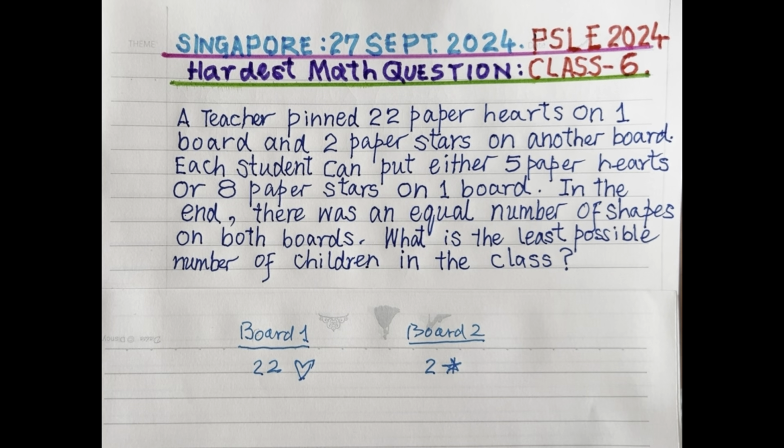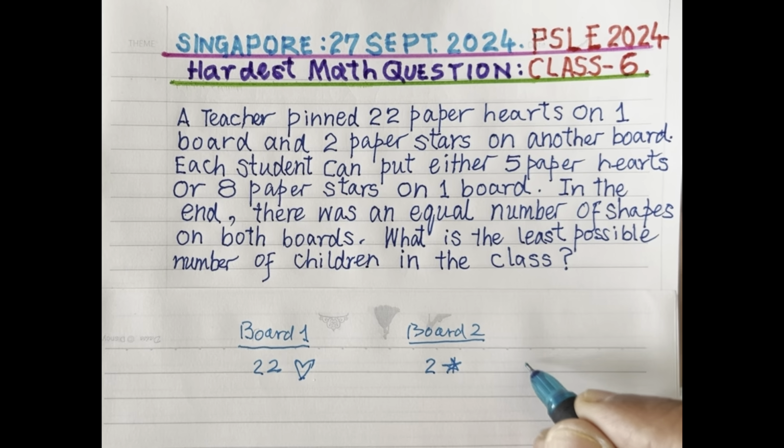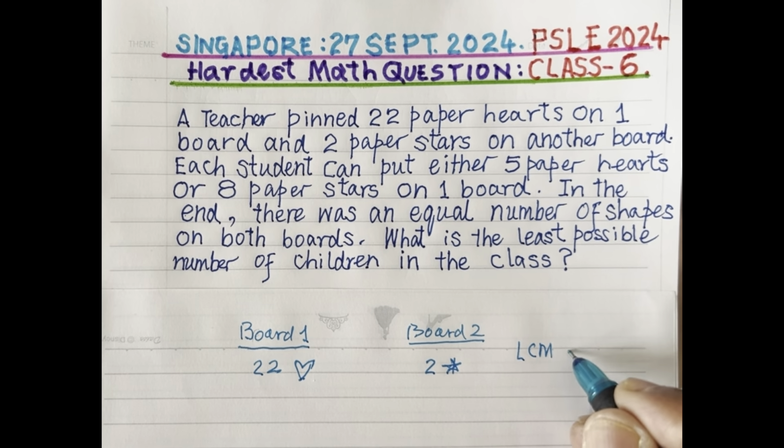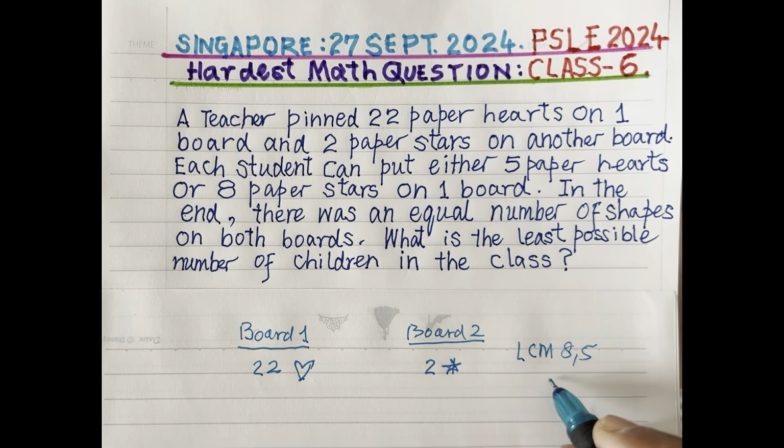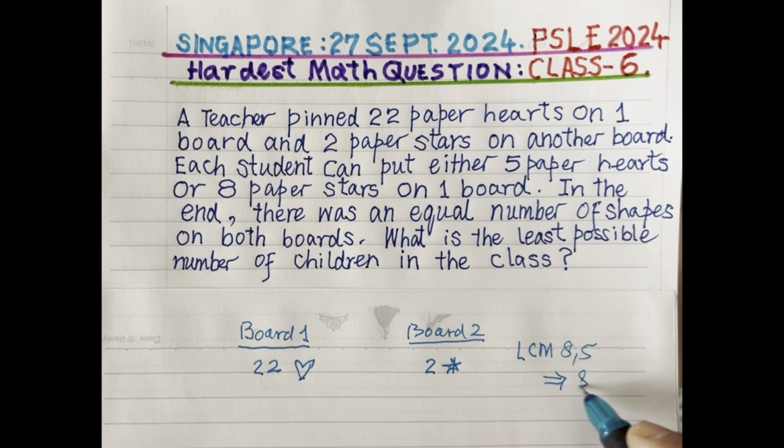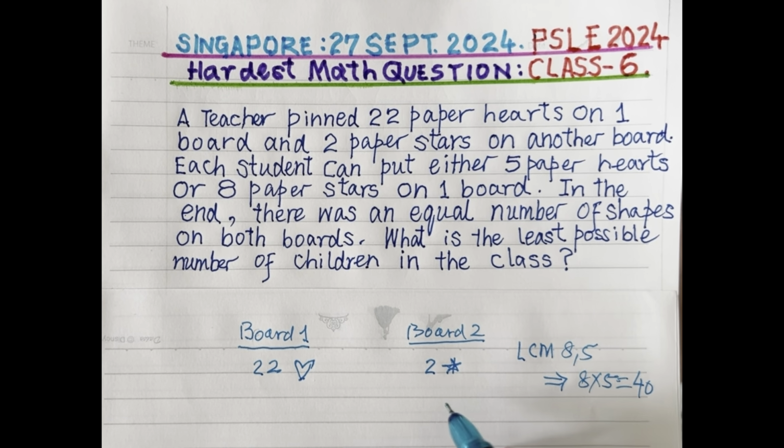And since one child or one student picks either 8 paper stars or 5 paper hearts, the LCM of 8 and 5 will be equal to 8 multiplied by 5, that is 40. So this is the least number of paper stars that can be pinned on board 2.